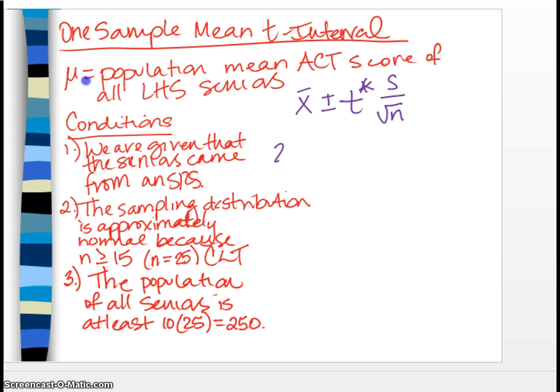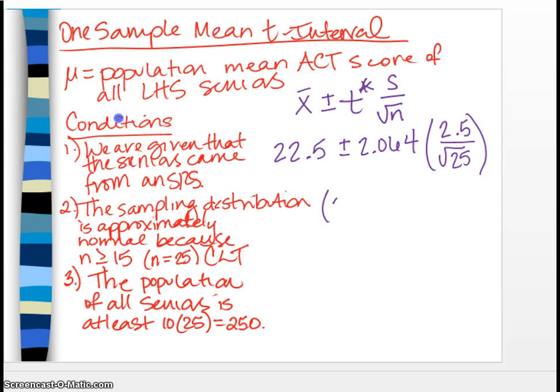So our x bar was 22.5, that's what we found in our sample, plus or minus t star of 2.064, that's what we found off the table, times s, which was 2.5, over the square root of n, which is 25. You're going to type that in your calculator, and you end up with an interval of 21.5 to 23.5.